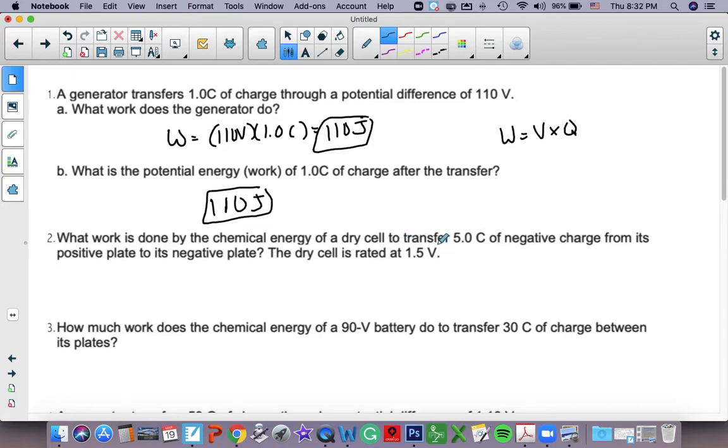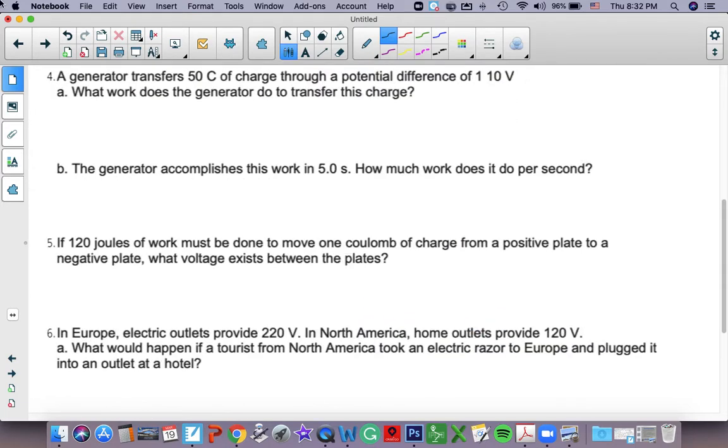Reading down here, we've got volts and charge again. With 50 coulombs and 110 volts, what work does the generator do? This one has a little bit of an extra piece to it, a time component for part B. Let's write our equation again: volts times charge.